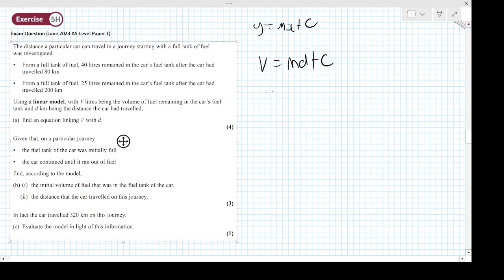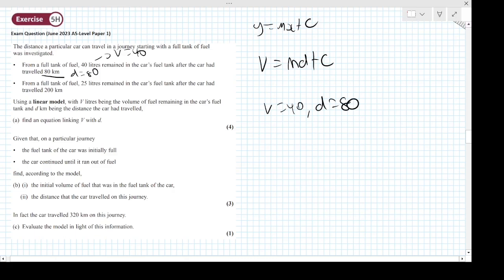It says 40 litres remained in the car's fuel tank. Well, that means V's 40, right? And the car had travelled 80 kilometres. Well, that's distance, so D would be 80. So we've got a first set of values, V's 40, D is 80.